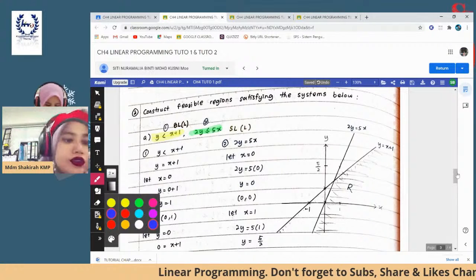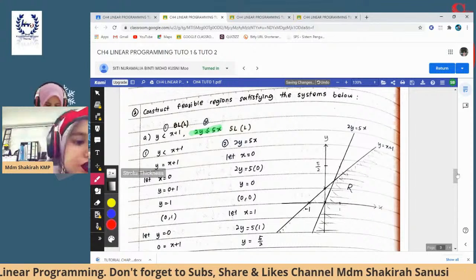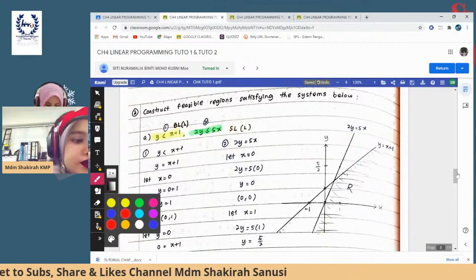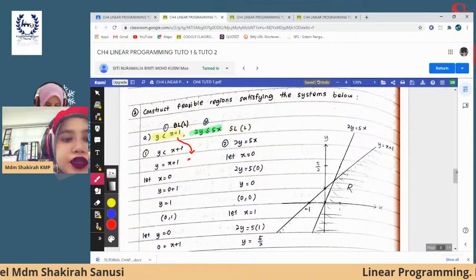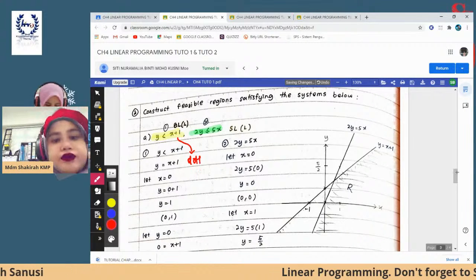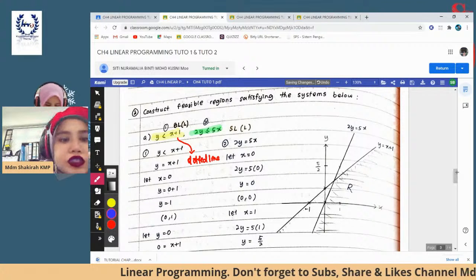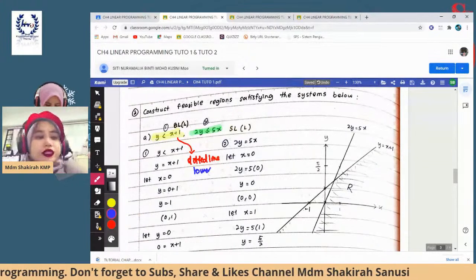Right, the yellow one, sorry. The yellow one here is our single symbol, right? Okay. Daripada single symbol ni kita tahu dia adalah mesti dotted line. Dotted line dan kita shaded lower. Okay, daripada situ you dah ada info dah.